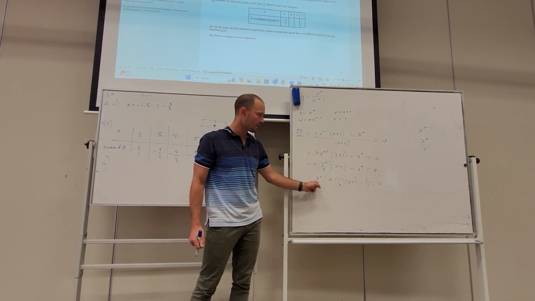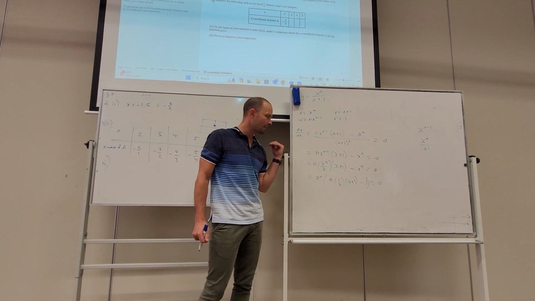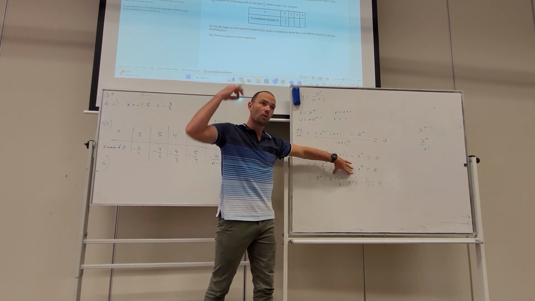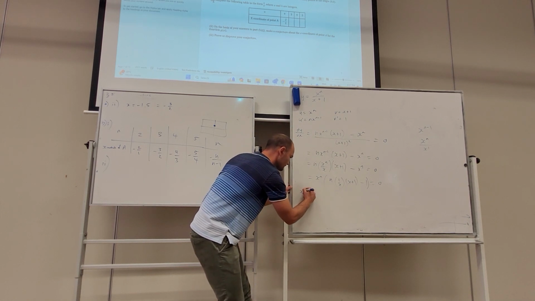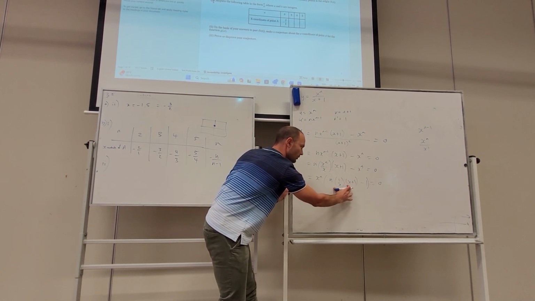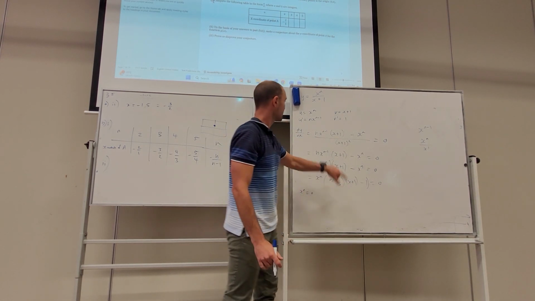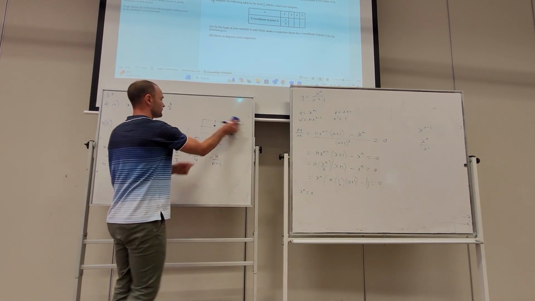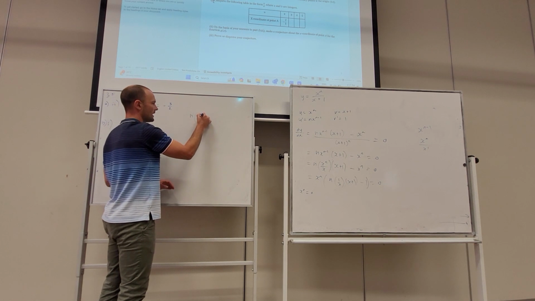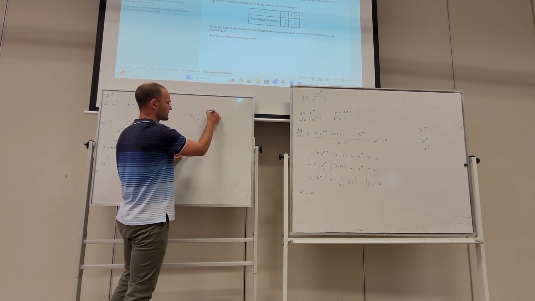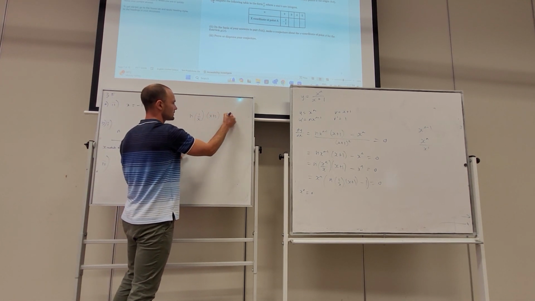I've said x to the n is a common factor, so we've pulled that out the front. Here's what we're left with. We apply the null factor law. Either x to the n is 0 or this component is 0. And I'll deal with this component up here on my left board. So we have n times 1 on x times x plus 1, take 1 is 0.